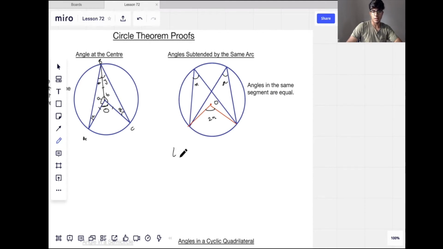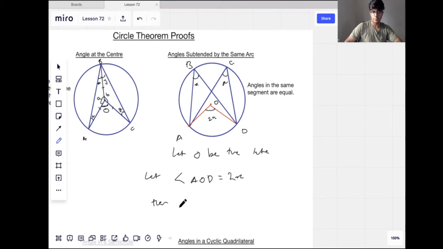So you can say, let O be the center, and if we label this A, B, C, and D, for example, let angle AOD equal 2x.